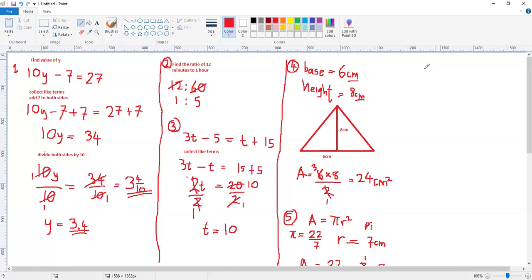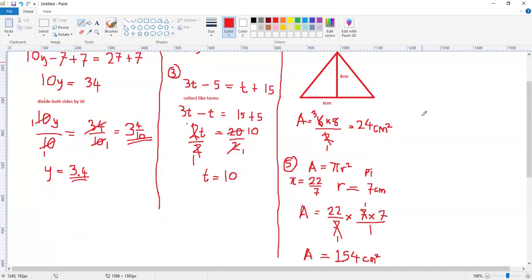Wait, can you move down a bit? Oh, okay. Wait, can I quickly see 4?